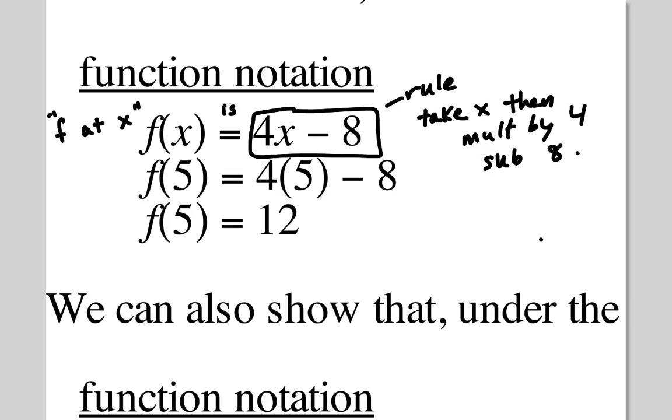And anytime you give this machine an x value, it's going to pump out a y value, and that's the input-output relationship. And you can see that here. You input a value into the function machine, and lo and behold, you output a result. And the rule says take x, multiply by 4, and then subtract 8.